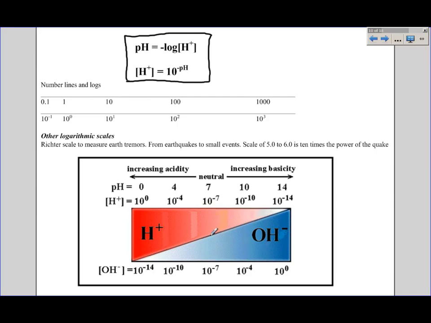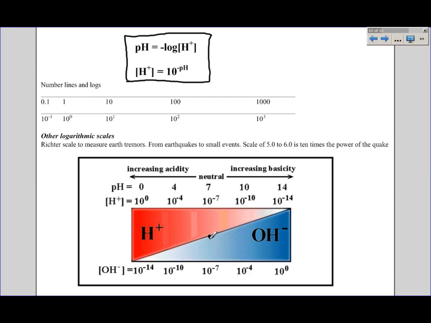When we talk about a solution being neutral, oftentimes people will automatically think that it's not an acid or a base. But what it actually means to be neutral is that the amount of H+ and the amount of OH- in the solution are balanced. They're the same as one another.